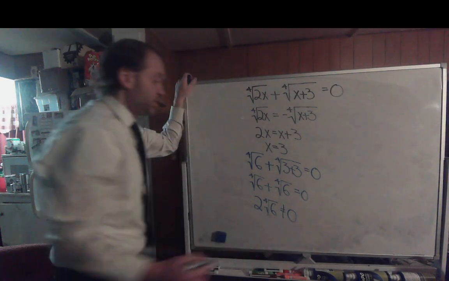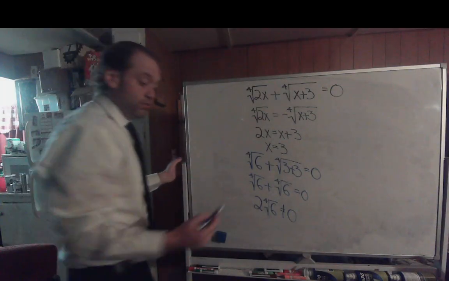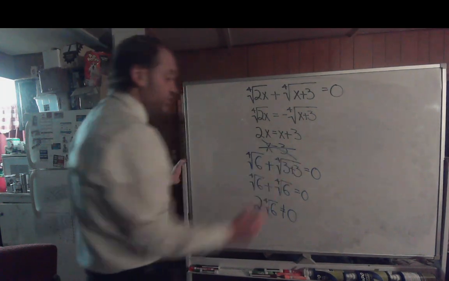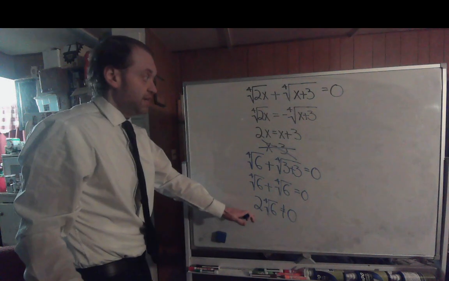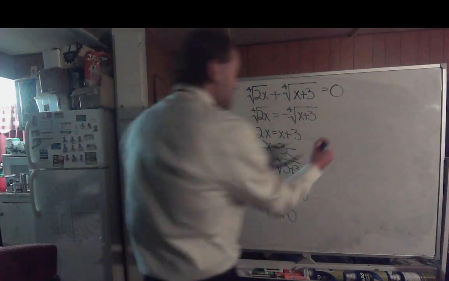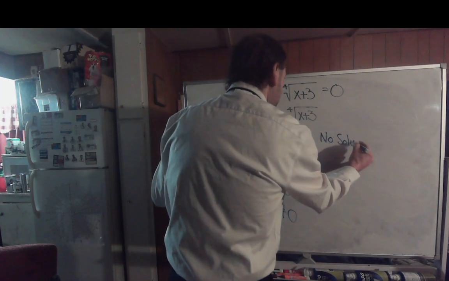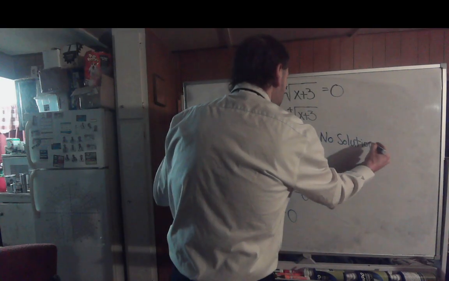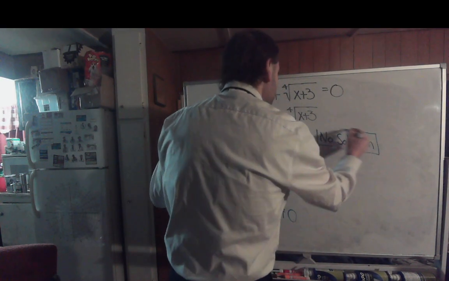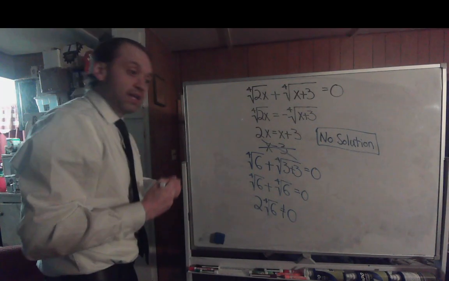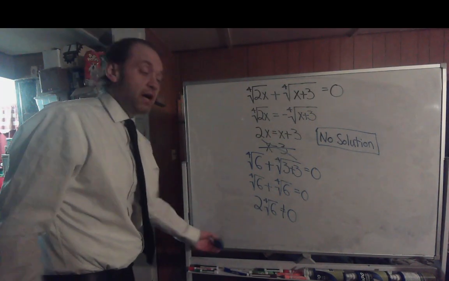You got a false statement, an extraneous solution, so x equals 3 actually has to be thrown out because the left side doesn't equal the right. So in actuality, there's no solution to this one. That does sometimes happen. That x equals 3 is what was called an extraneous solution. This is exactly why we check our work.